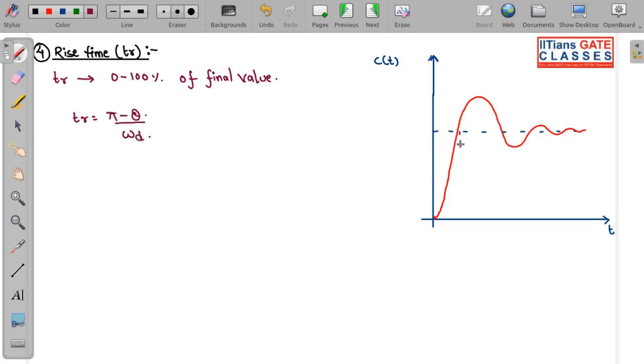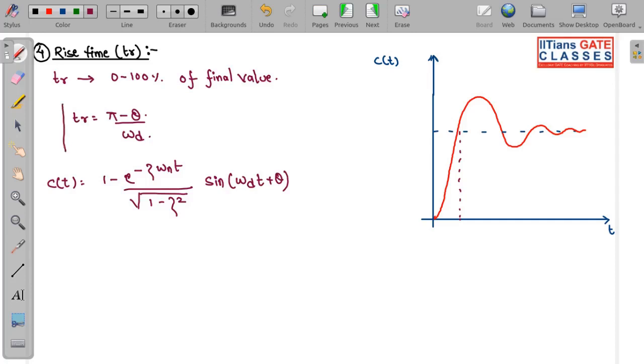Rise time is calculated by equating C of t is equal to 1 minus e to the power minus zeta omega nt divided by root of 1 minus zeta square, sine omega dt plus theta. If you equate this to 1, you will get the value of your rise time. So rise time is given by pi minus theta by omega d seconds.